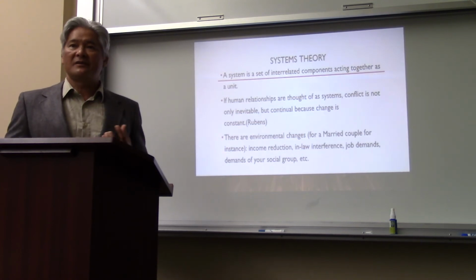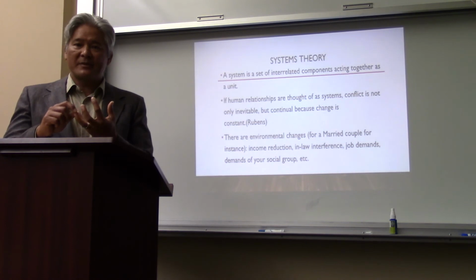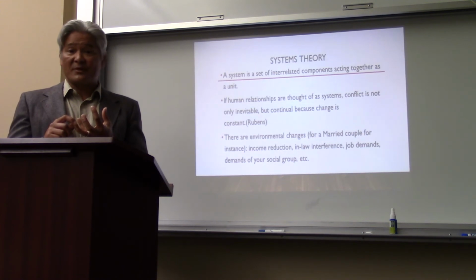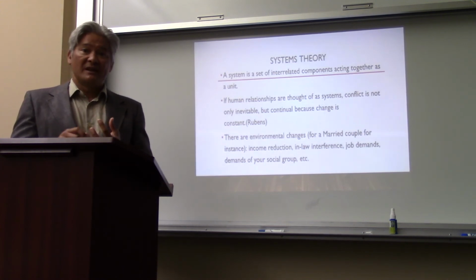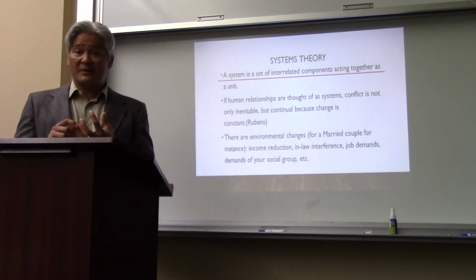So if you think about your family as you're growing up, if something happened to one of the family members, maybe the breadwinner, obviously that's going to impact you all. It's going to create change, perhaps. Maybe you're going to have to move to a neighborhood that is less expensive if someone loses a job, right?